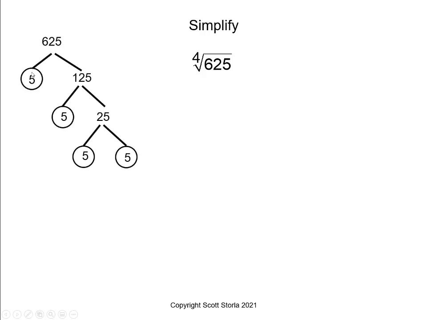But it does have a factor of 5, so I'll start by factoring out a 5, and I'm left with 125, which still has a 5. I'll factor out a 5, I get 25, and then that's 5 and 5. So I see I have 4 factors of 5, which means 625 is 5 to the 4th, and that will simplify to simply 5.